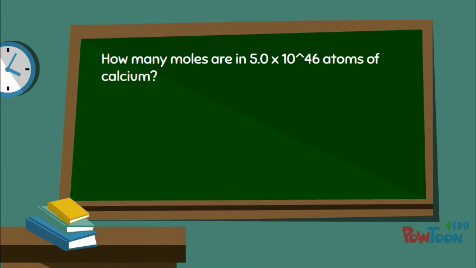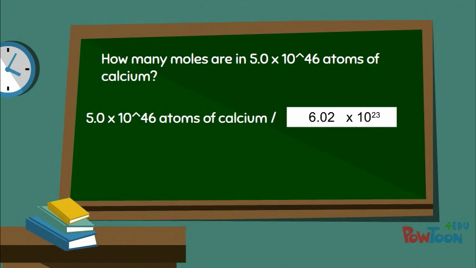Good. But what if you had 5 times 10 to the 46 atoms of calcium and you wanted to know how many moles this is? Well, it's the same idea, but you'll have to divide instead of multiply. Here it goes. You will divide 5.0 times 10 to the 46 atoms of calcium by Avogadro's number of calcium.